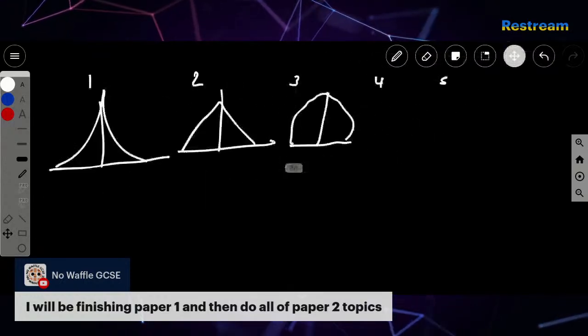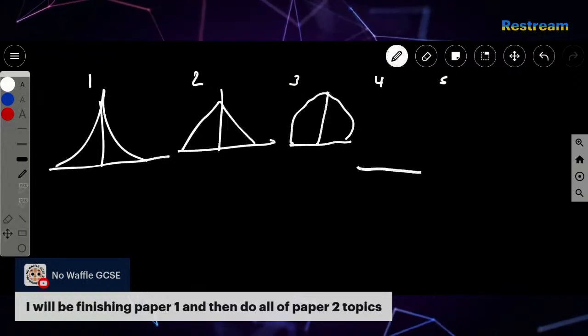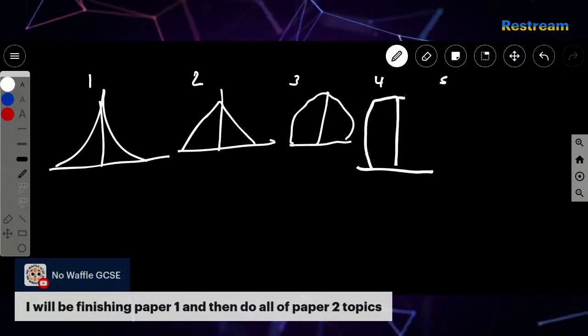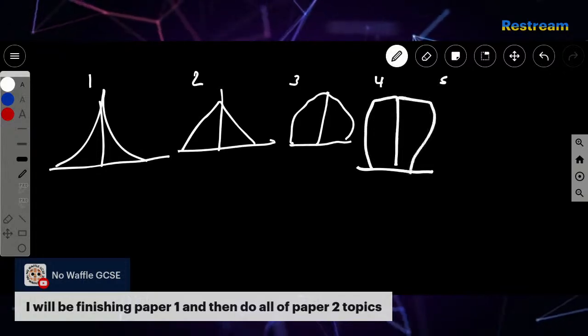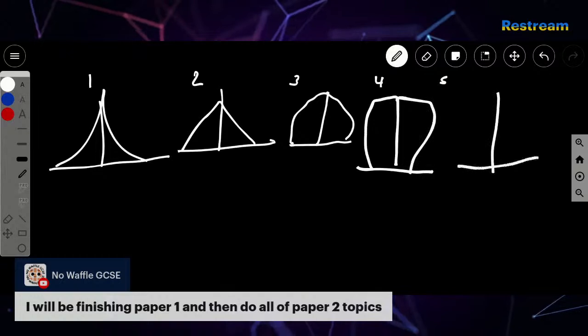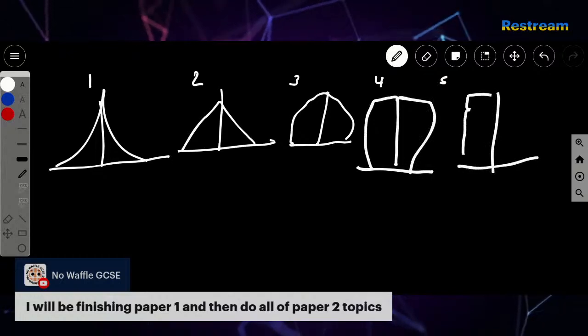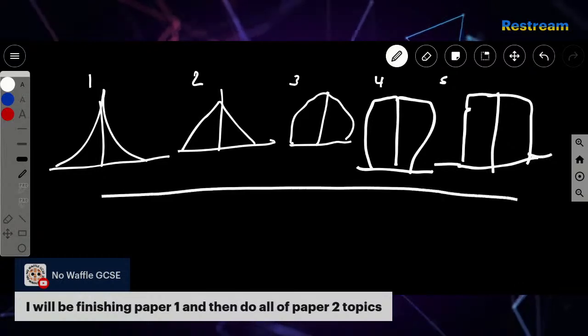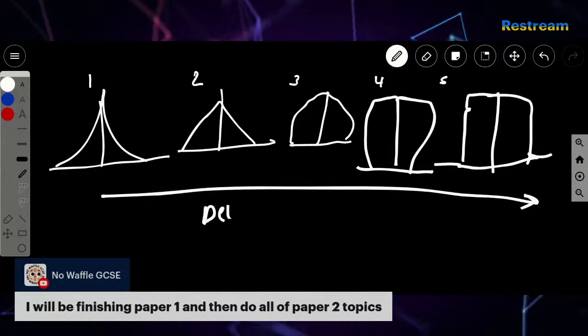Stage 4 begins to look like this. And stage 5 looks like this, almost like a rectangle down. So this is saying that as you go forward, the development increases.